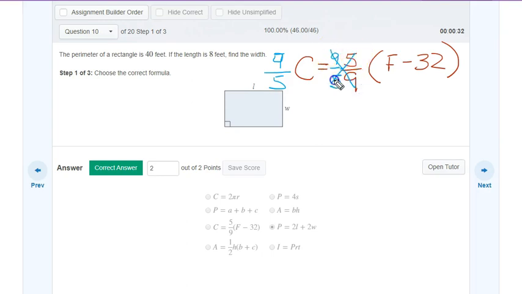So here all of this cancels out, and we get then 9/5 C equals F minus 32.